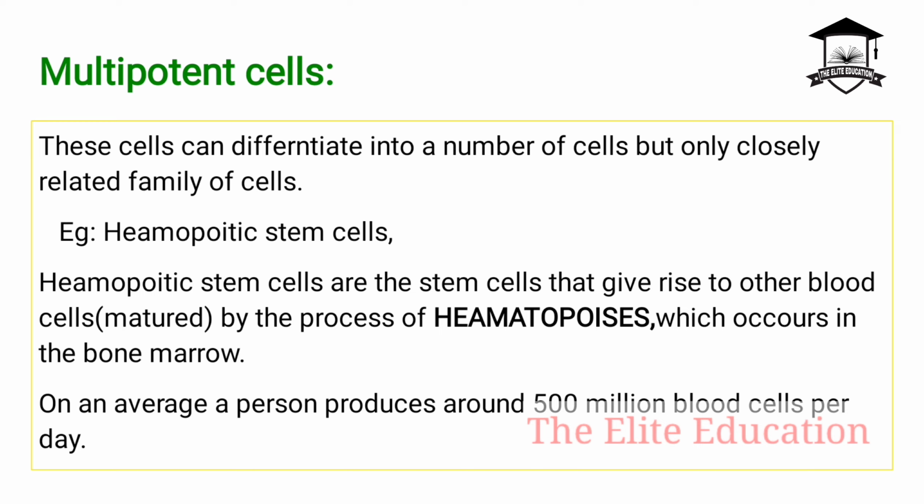But they cannot give rise to the liver or the brain or the eyes. All those tissues cannot be derived from a hemopoietic stem cell. What a hemopoietic stem cell can give you is RBCs, WBCs, thrombocytes, all such cells.